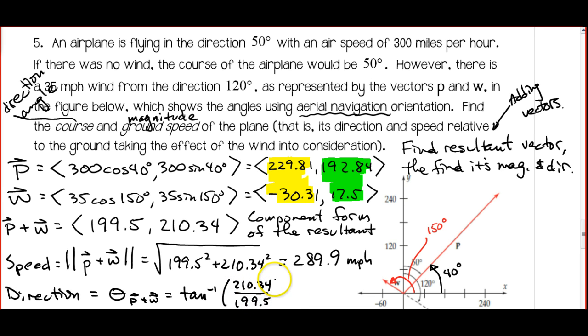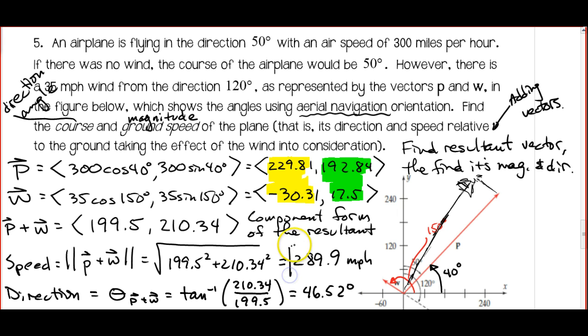199.5. And our original vector was in the first quadrant, and we're just adding this little bit to it over here. So we should still be in the first quadrant. Right, here's our resultant, this big vector right here. And if we calculate that, we should get about 46.52 degrees.